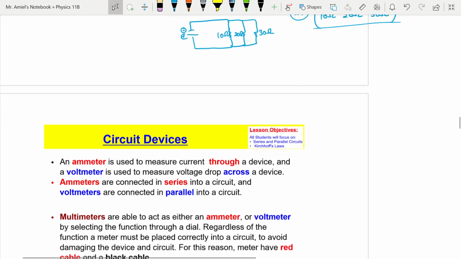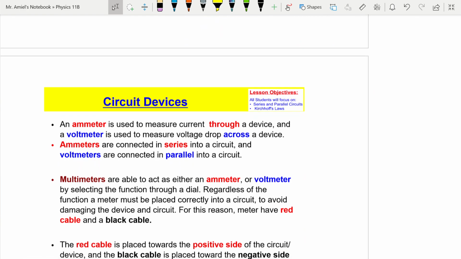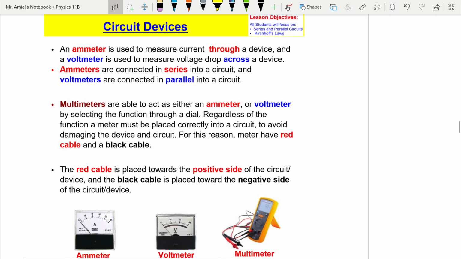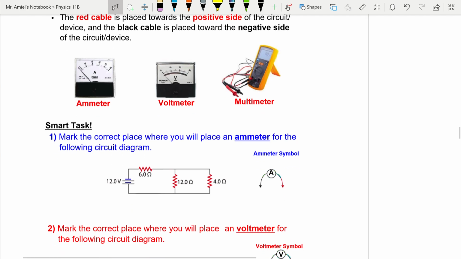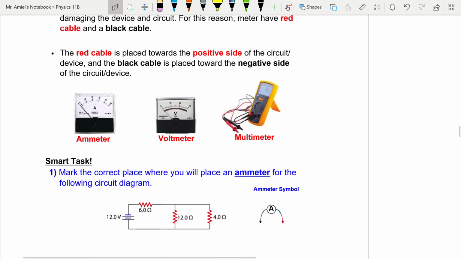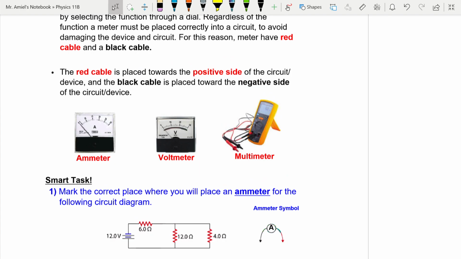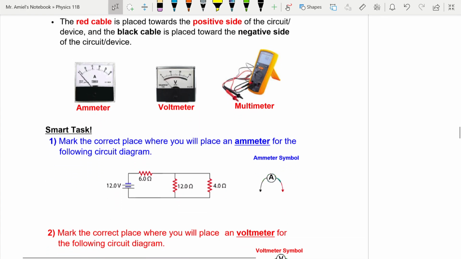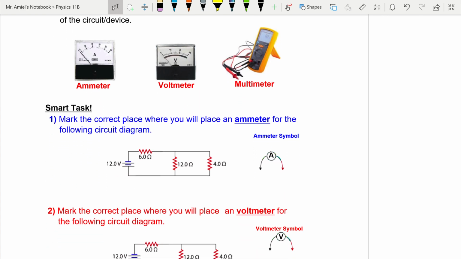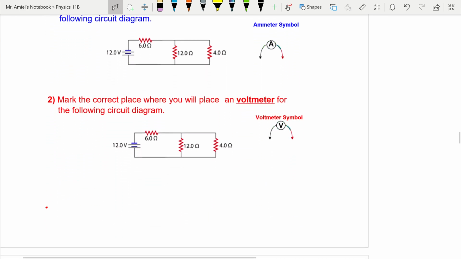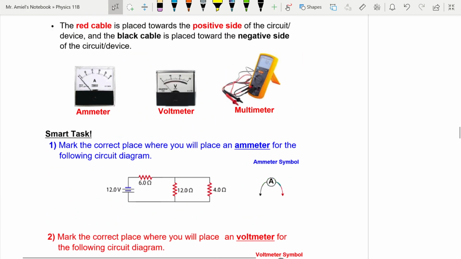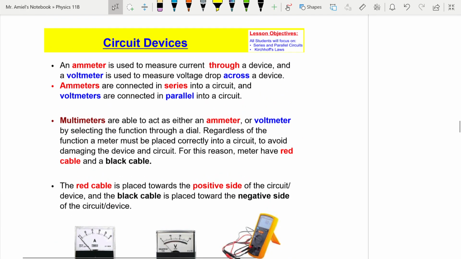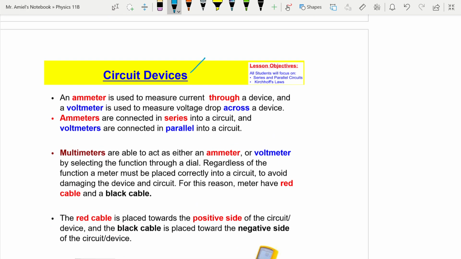Okay, now for where we're going to get to today, because we've already gone for quite a long time, we're not going to get into the questions just yet, because the questions depend on our ability to place what's called an ammeter and a voltmeter consistently in a circuit. We need to know how to reliably place these things in a circuit to do some of the questions. So instead of jumping straight into the questions, I want you to do a little bit of research on these circuit devices.